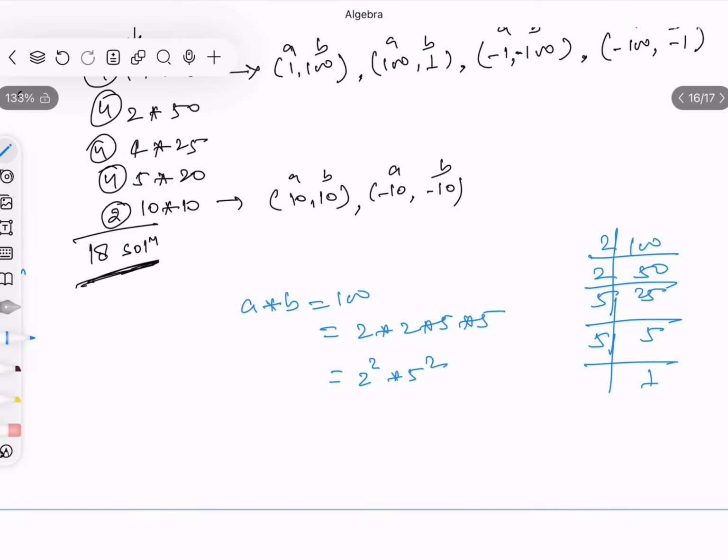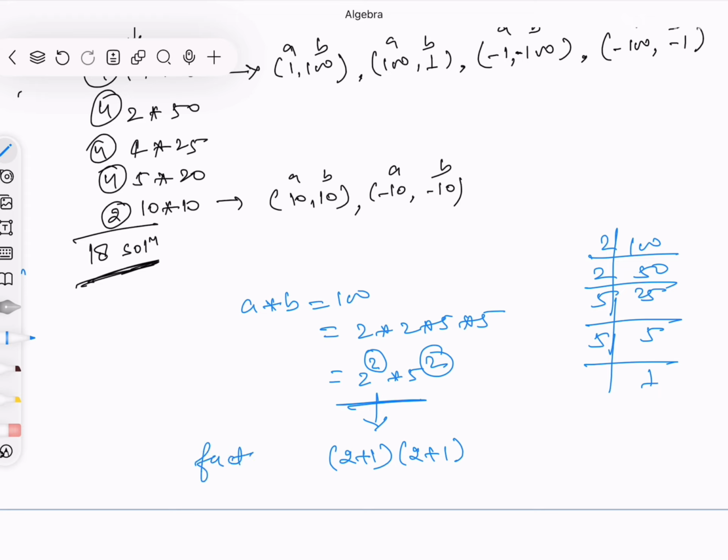From this, if you need to find the number of factors, you take the powers and add 1: 2 plus 1, and a similar thing you will do here. We will discuss this in great detail later on, but right now I need you to know this. So the total number of factors will be 3 multiplied by 3, or 9.